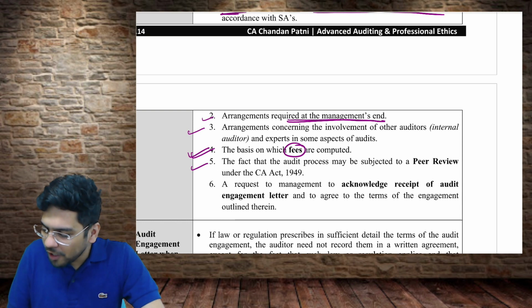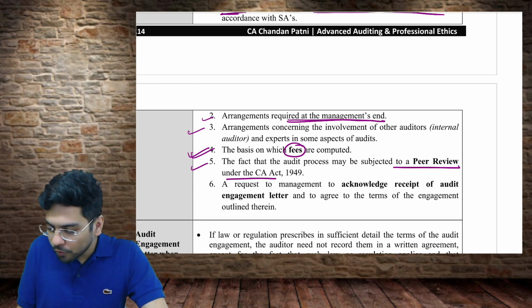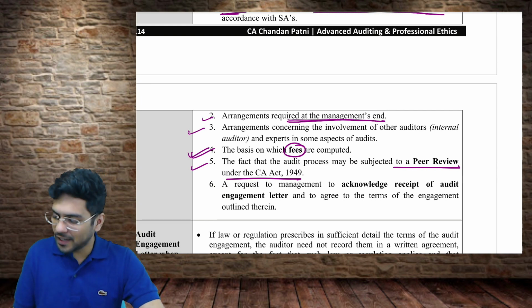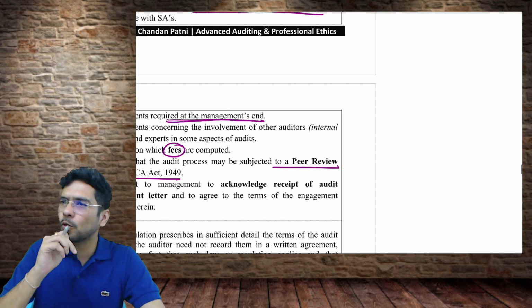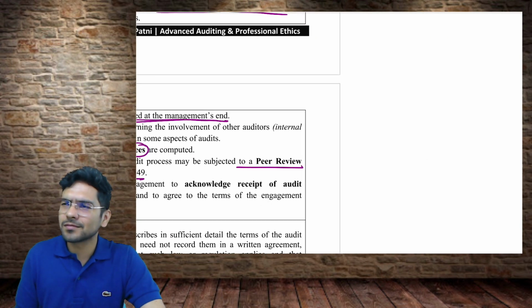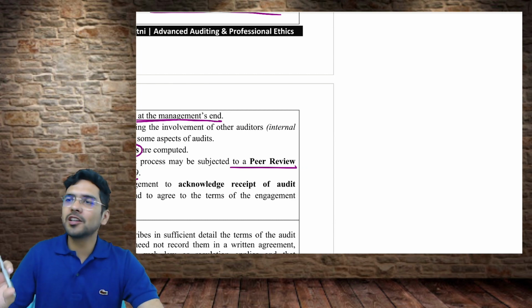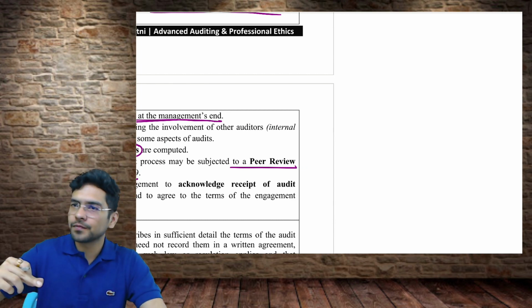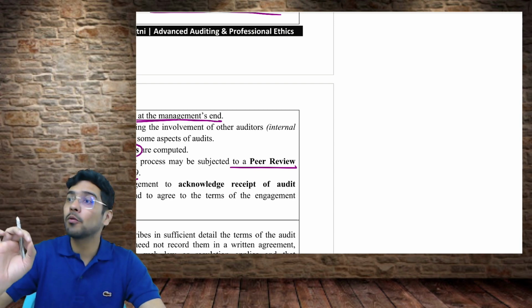The fact that the audit process may be subject to peer review under the Chartered Accountants Act 1949. Please understand, guys, what is peer review? This is a chapter in your syllabus, but do you have a brief idea what peer review is? Absolutely. Another chartered accountant will come to our office and see whether one particular assurance service that we provided was done properly or not.